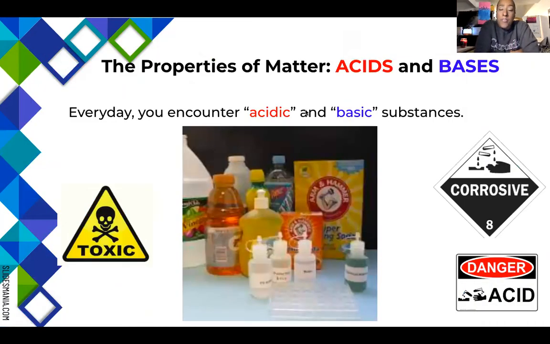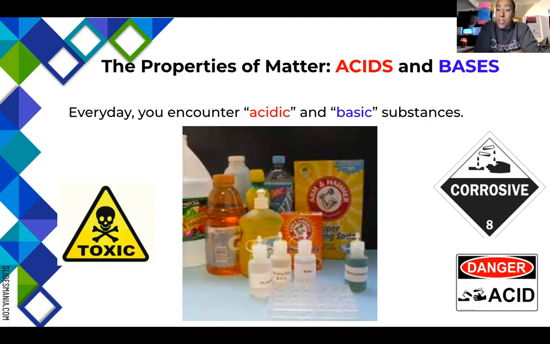So every day you encounter acidic or basic substances. So all around your house, the foods you eat, you're exposed to acids and bases all the time. The level of concentration, well, that will depend on what you are encountering. As I mentioned, there are some foods even, and we'll look at that, that are acidic or basic, or alkaline.